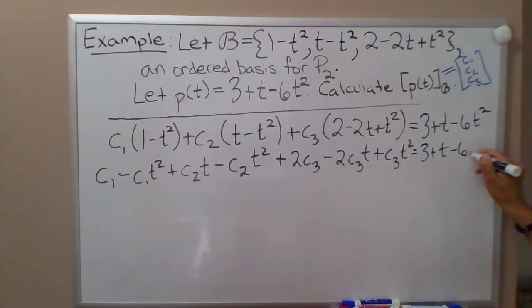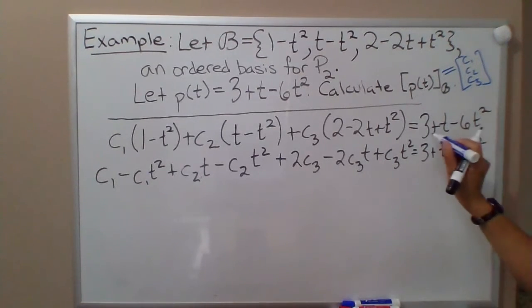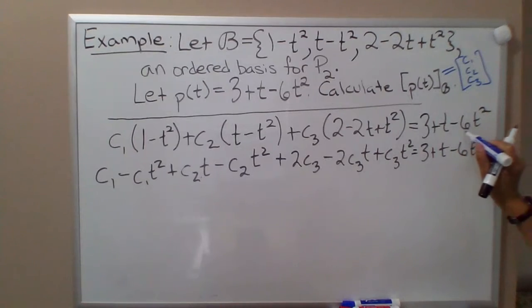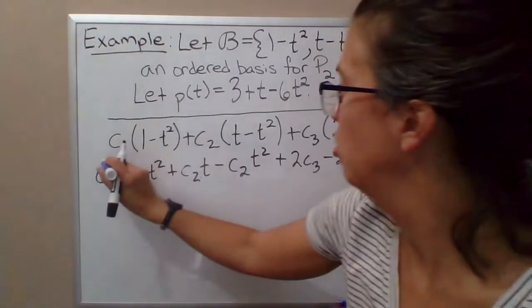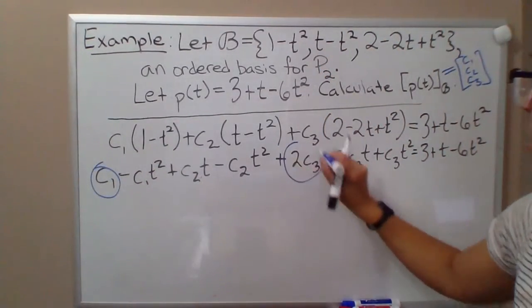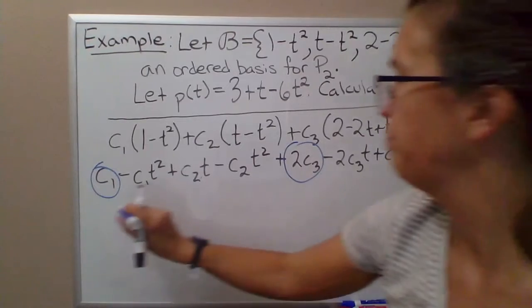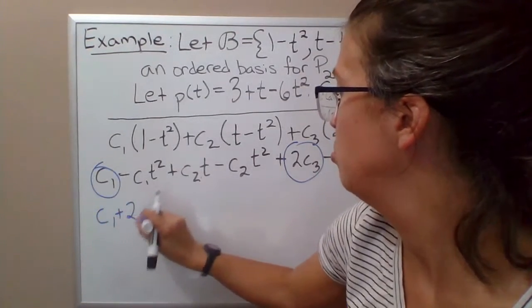All right, let me introduce some color to this. So collecting terms, I'm going to use the same order that I have over here. So I have the constant first. Constant terms are here, those all involve t here. And so the constant term on this side is going to be C1 plus 2C3.